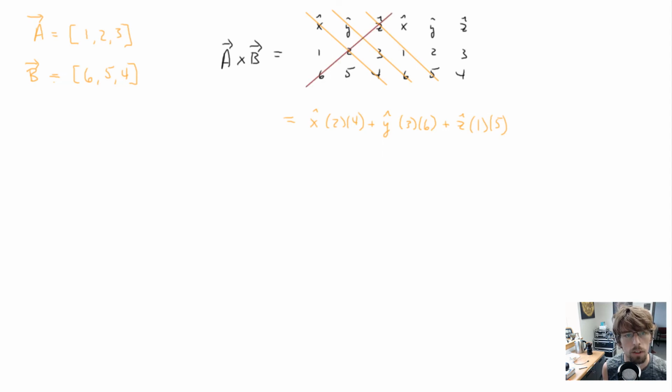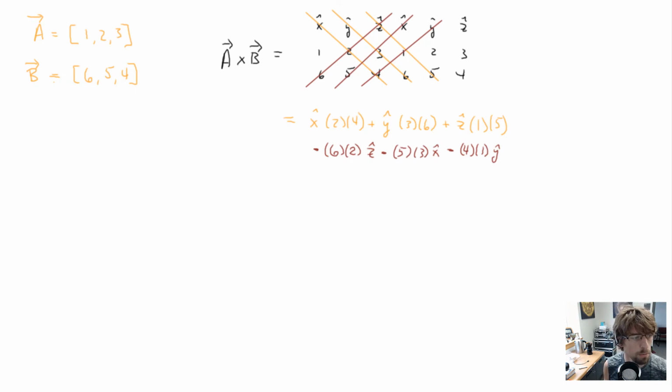So we draw this one, we have something like minus, very important, 6 times 2 times Z hat, minus 5 times 3 times X hat, minus 4 times 1 Y hat. And now we have our final answer.